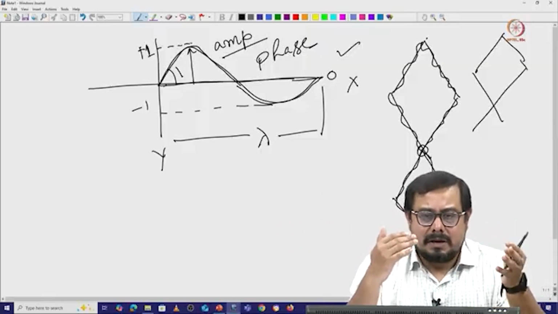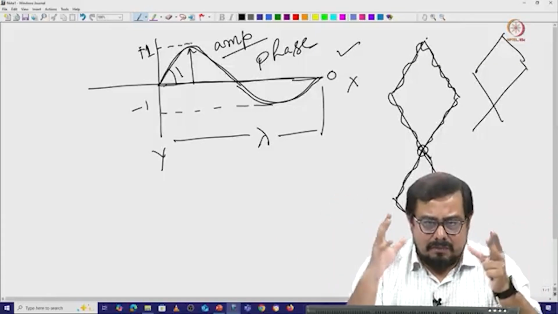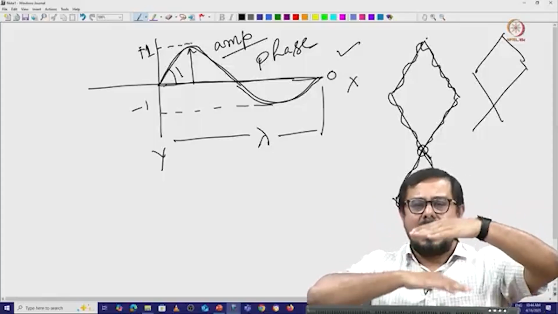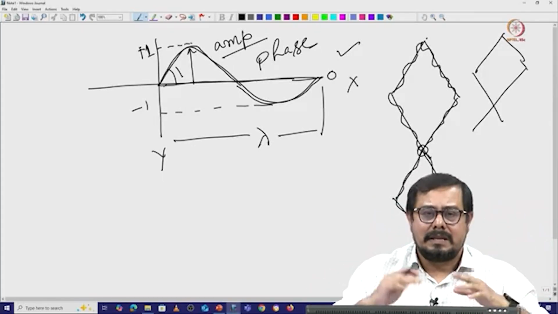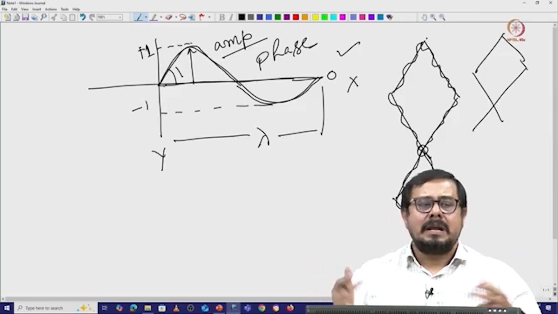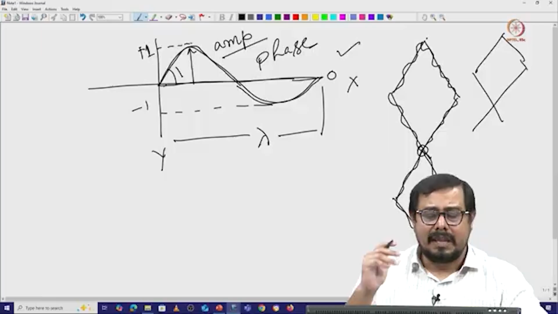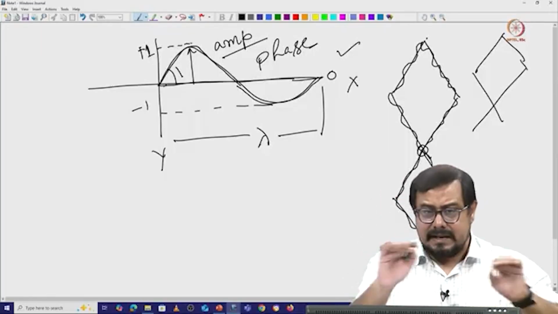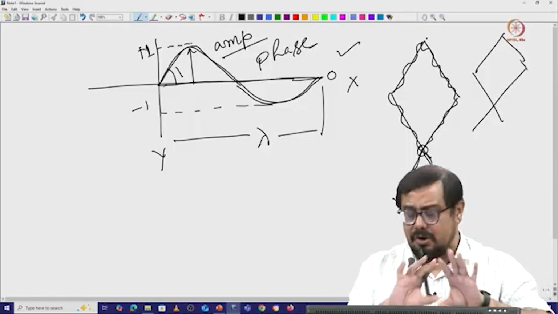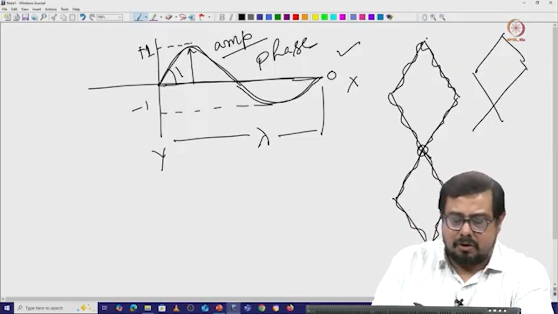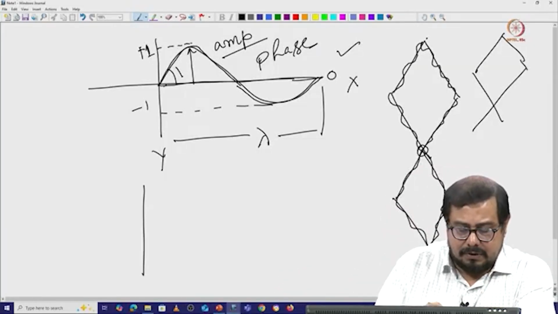Constructive interference means when they come together and they match in phase, their amplitude will increase, and we are going to discuss that more at a later stage. Let us take a look in detail at how I can draw a normal wave, any wave.